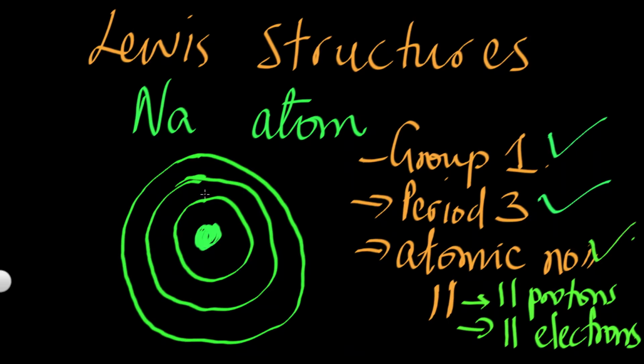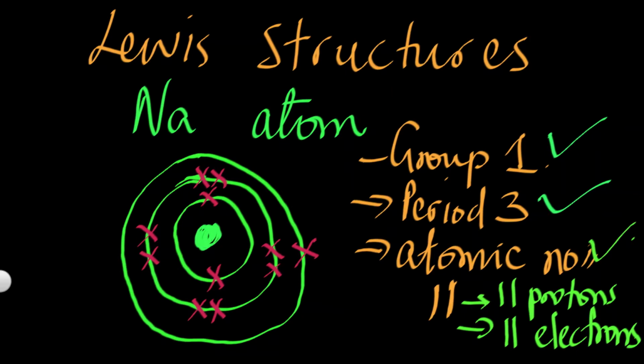Now, there will be 2 electrons in the first energy level. We count our energy levels from inside out. So in the first energy level, we have 2 electrons, and in the second energy level, we have 8 electrons. And in the third energy level, we have 1 electron if it is a sodium atom.